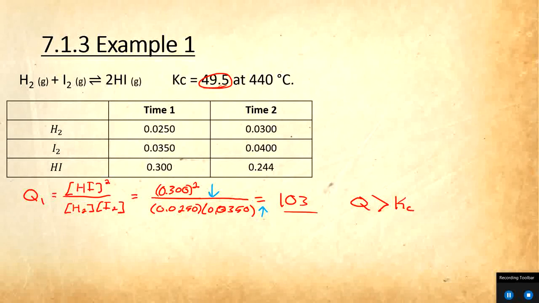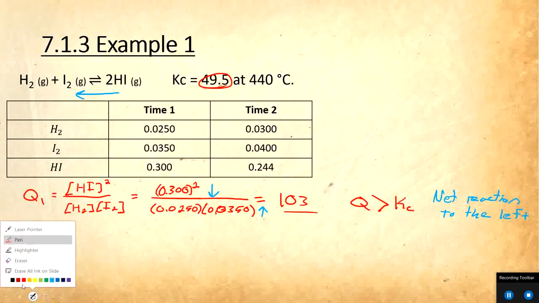That means the backwards reaction is the one that's actually occurring. So we would say the net reaction is to the left, or net reaction to the reactants side.